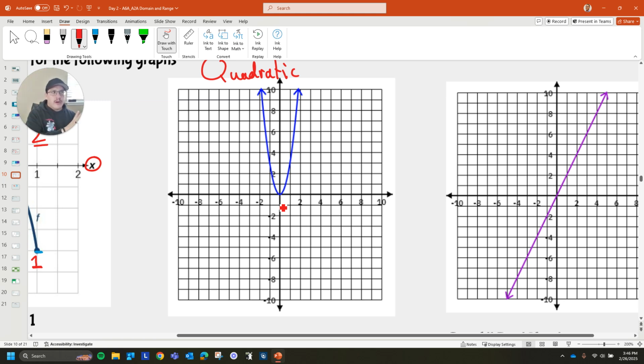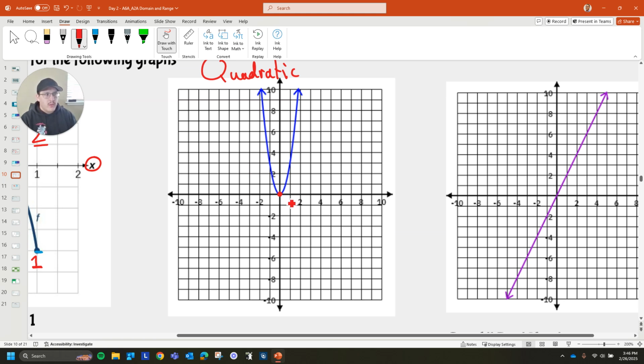Think of like when you're crossing a road, you look left first, and then you look right. And then think of range as like a golf range when you're swinging your club. Imagine where the ball is at. The ball is at the bottom, and then when you hit it, it goes up. So range starts from the bottom, goes to the top. So notice where the vertex is at.